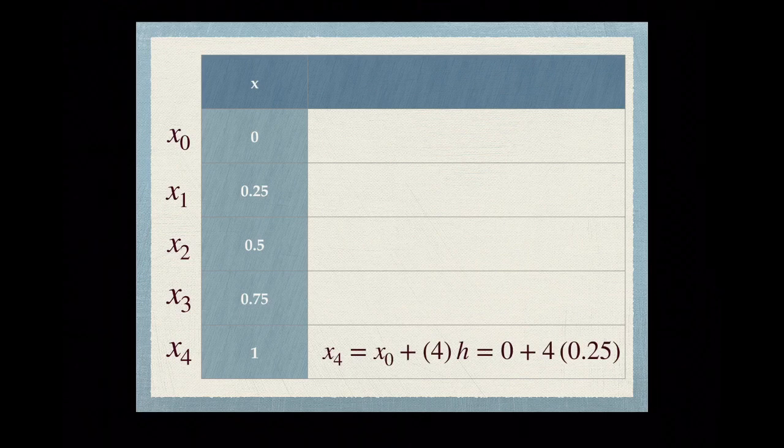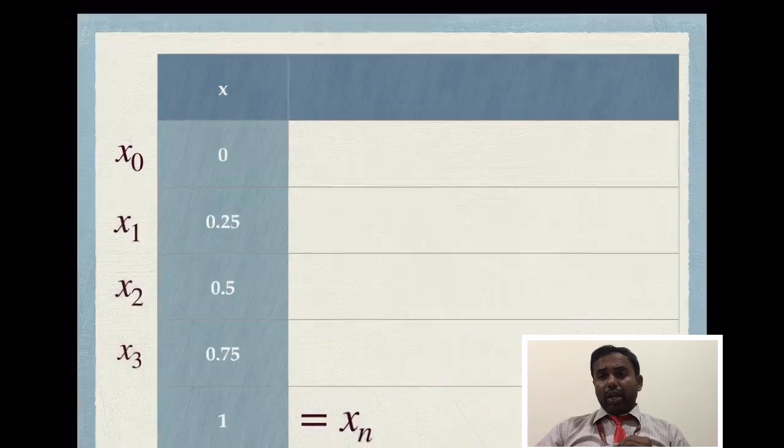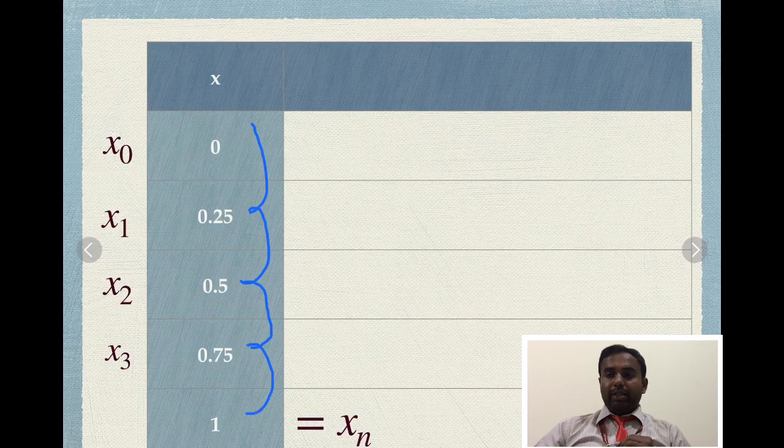And we already know one thing, that 1 is actually our last point. So the moment we get xn, we will stop our division. Right now we divided the entire interval into 4 different parts. Of course, 0 to 0.25, 0.25 to 0.5, 0.5 to 0.75, 0.75 to 1.